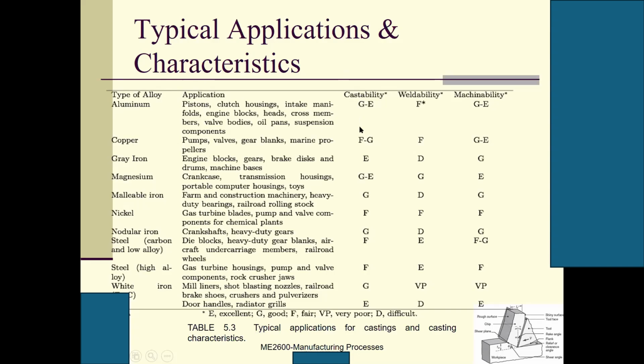This is castability, this is weldability, and this is machinability. E is excellent, G is good, F is fair, VP is very poor, and D is difficult. You can see aluminum castability is very good. We know that, right? Aluminum alloy is actually from a very long time ago. The human ancestors used aluminum.